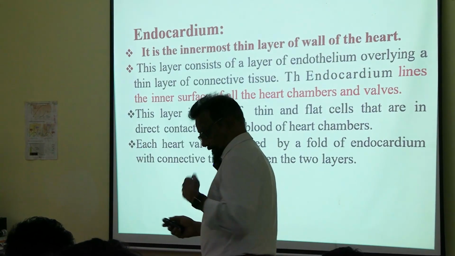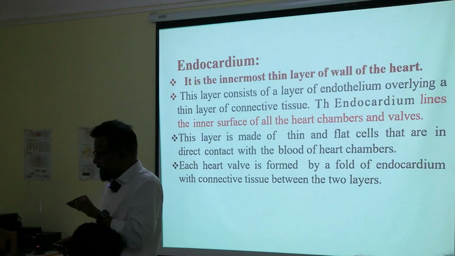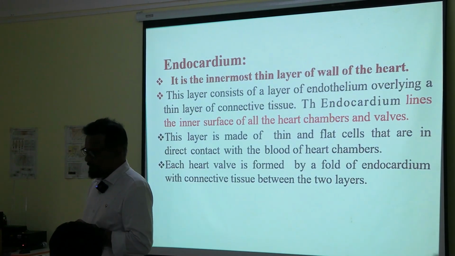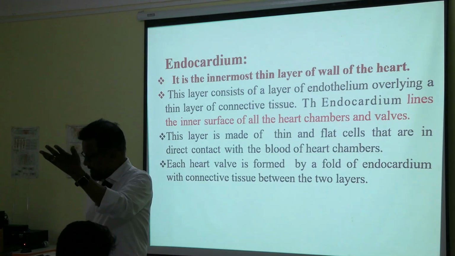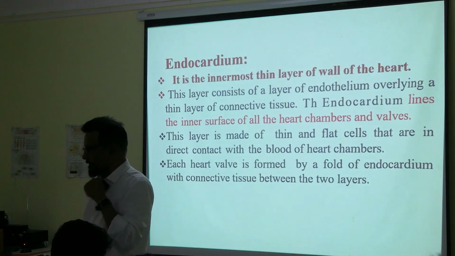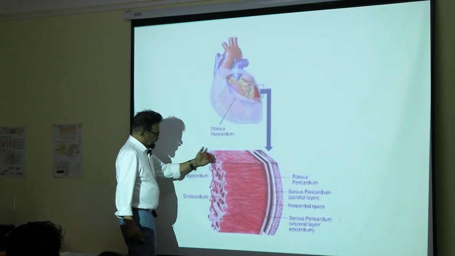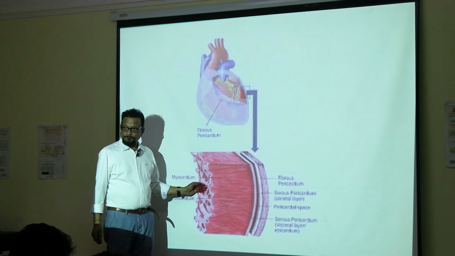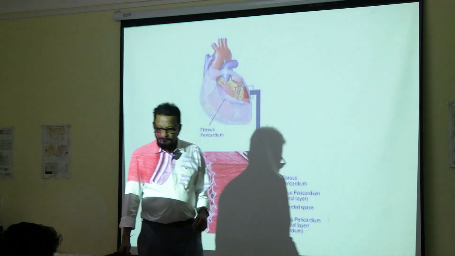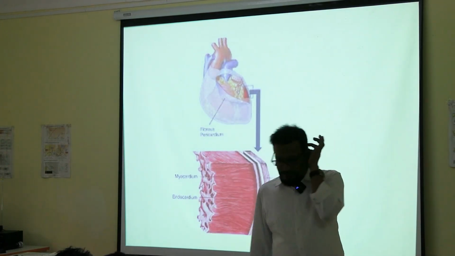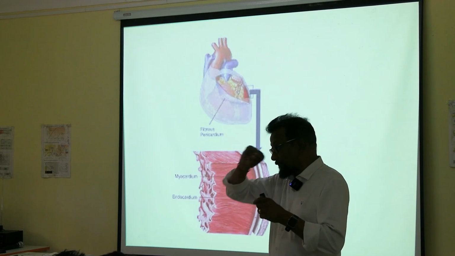So what was the endocardium? It was the innermost layer. Pericardium is outside. It is the most inner lining. In the endocardium, up to 0.1 mm thickness, these are mainly epithelial tissue, and they don't require any separate circulation from the coronary arteries.